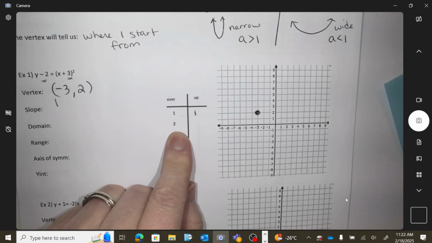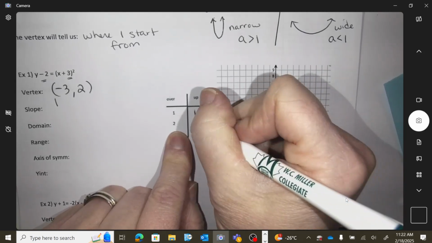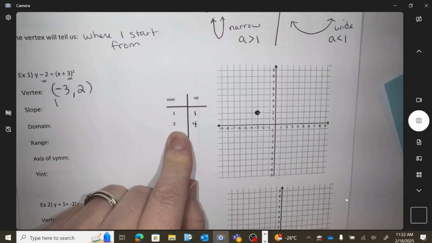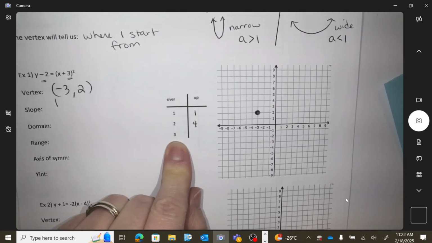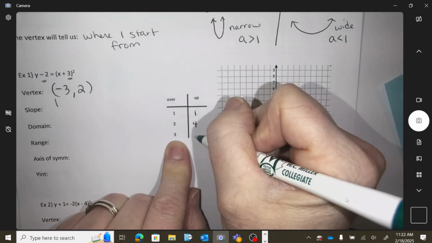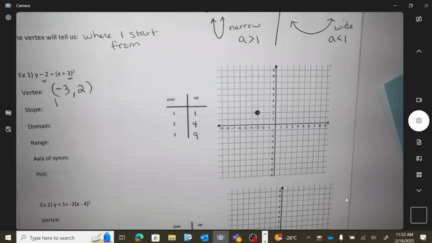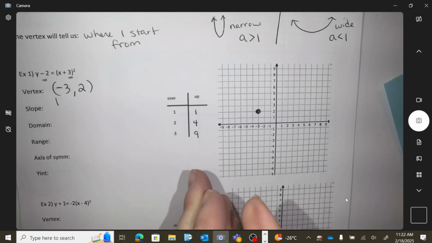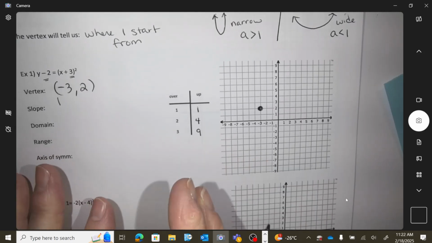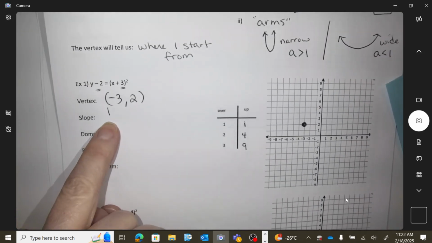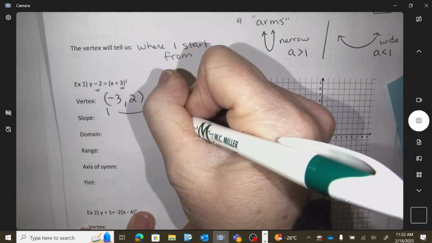If you change x by 2, what's the relationship of y changing? 4. And if you're going to change x by 3, y would have to change by 9, right? It's all based off of a squared function. Okay, and this is the basic pattern. And I'm going to keep my basic pattern because my slope is 1.